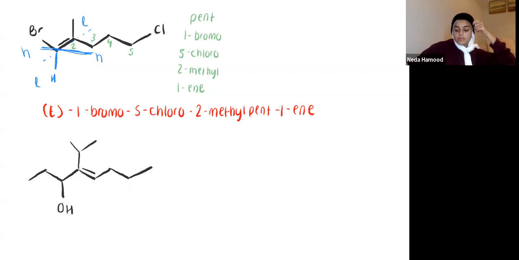And then for this next one here, we're going to start numbering from here. So we have 1, 2, 3, 4, 5, 6, 7, 8. That means that we are going to have oct. At 4, we have isopropyl. We also have in, 3. We have ol.